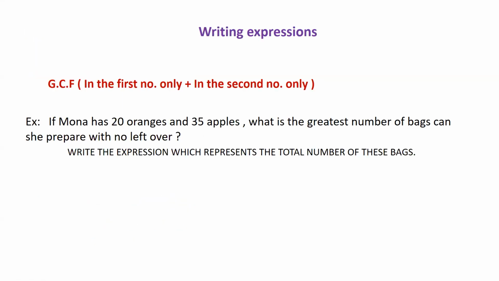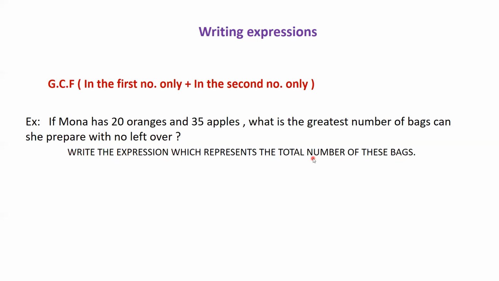Writing expression. Can you remember if he gave me an example like that? If Mona has 20 oranges and 35 apples, what is the greatest number of bags she can prepare with no leftover? Write the expression which represents the total number of these bags.